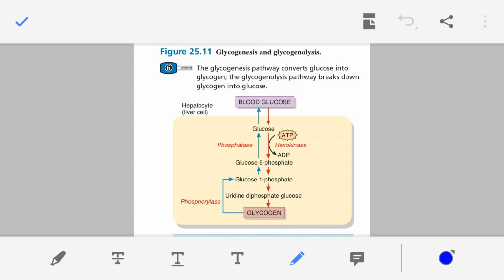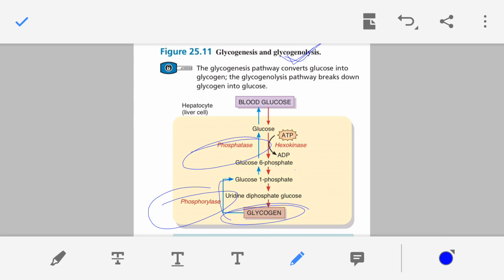Then the second process, glycogenolysis. In glycogenolysis, what is happening? Glycogen is converted into glucose 1-phosphate by the enzyme phosphorylase. Glucose 1-phosphate is converted into glucose 6-phosphate. Glucose 6-phosphate is converted into glucose by phosphatase.